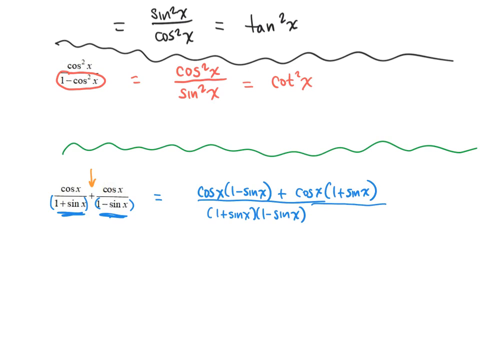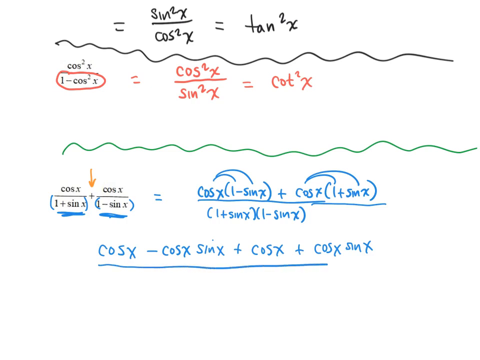Now we have a bunch of simplifying to do. We can distribute the cosine here and here. So that's going to give me cosine x minus cosine x sine x. And then I'm going to get plus cosine x plus cosine x sine x. And on the bottom, I will FOIL.